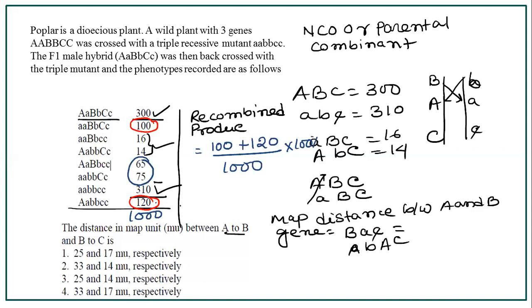Now 100 plus 120 we get 220 over 1000. Now you cut the zeros, so you get 100. So these two gone by 10, so you'll get 20.